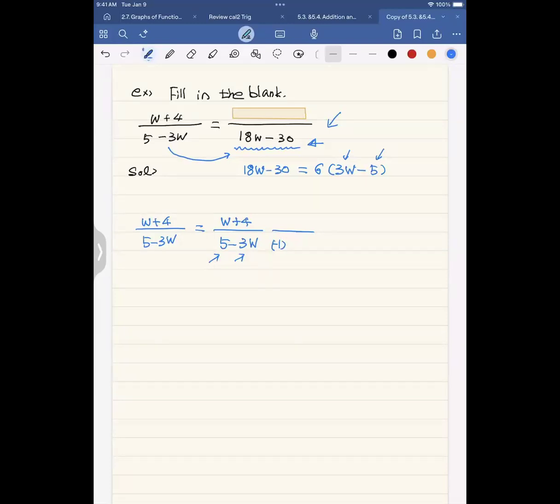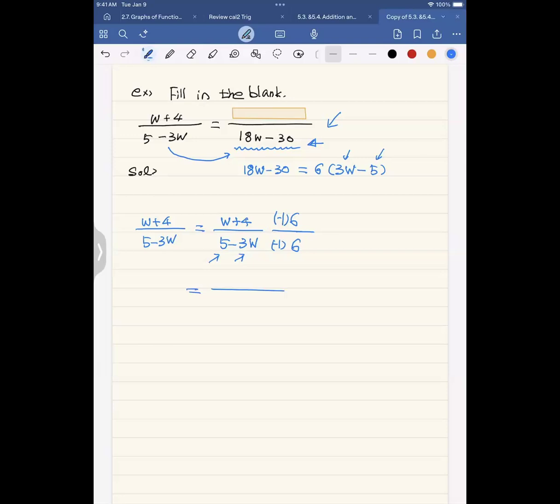So I would write 6. When I do that, I have to do it on the numerator and the denominator. So I would write -1 times 6 on the numerator also.